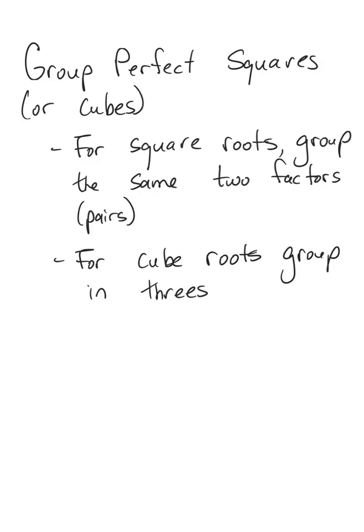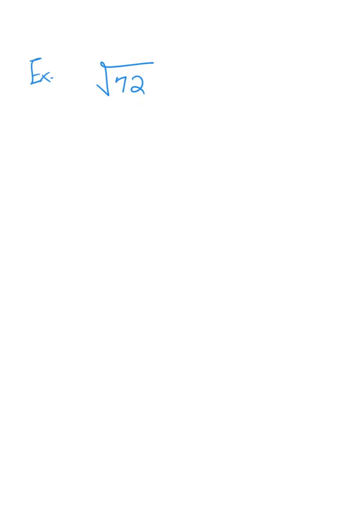All right, so then we're going to group perfect squares or cubes. For square roots, group the same 2 factors in a pair. For cube roots, group in 3s. So we're coming back to this example. We determined that 72 has 3 2's multiplied together, and 2 3's multiplied together.